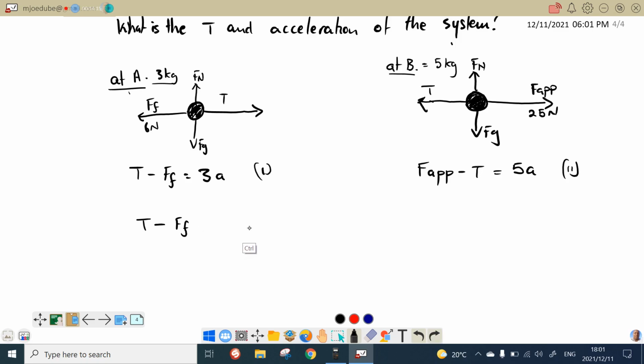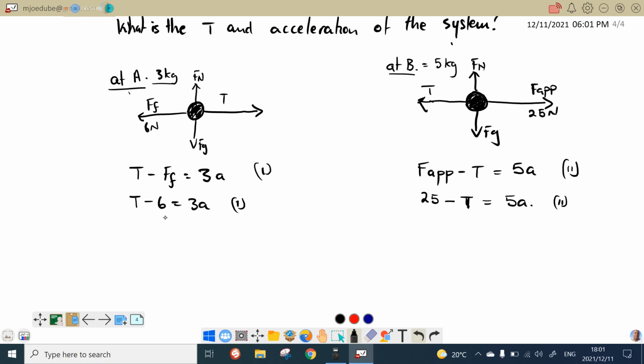Let's just substitute in the values, so T, I don't know the value of T, minus 6 is equal to 3A. Then I think it becomes a lot clearer. And then here I've got 25 minus T is equal to 5A. So that's my equation 1, and that's my equation 2.